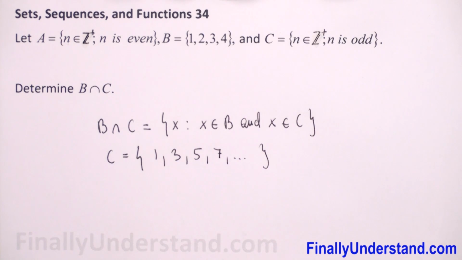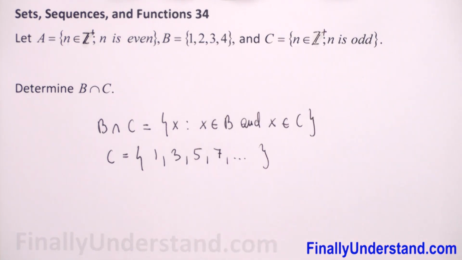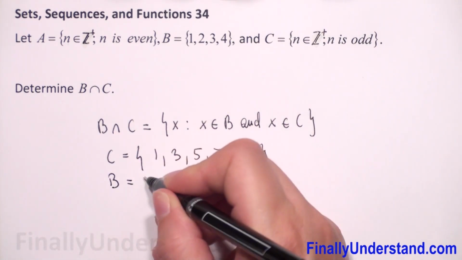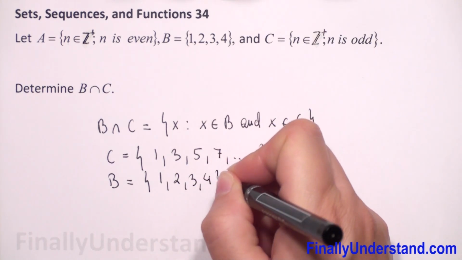Again, any integer that cannot be divided exactly by 2 is odd number, and in this example we have to choose only positive integers. So we have C, let me copy B, has 1, 2, 3, 4.